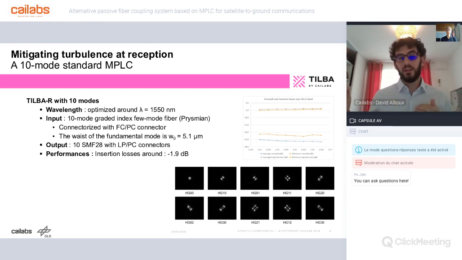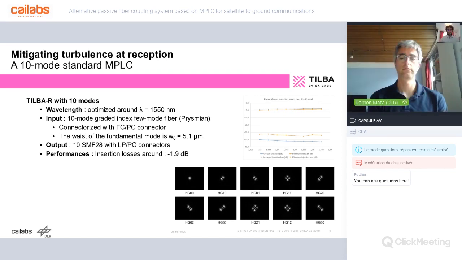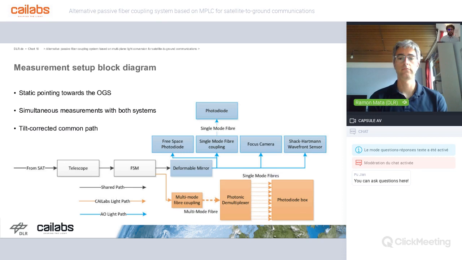Even if you go to the L-band, you will still have approximately the same curve. So it means that you can use this type of component with a WDM signal in theory. I guess that's all I wanted to say on the MPLC. And so I give the lead to you, Ramon.